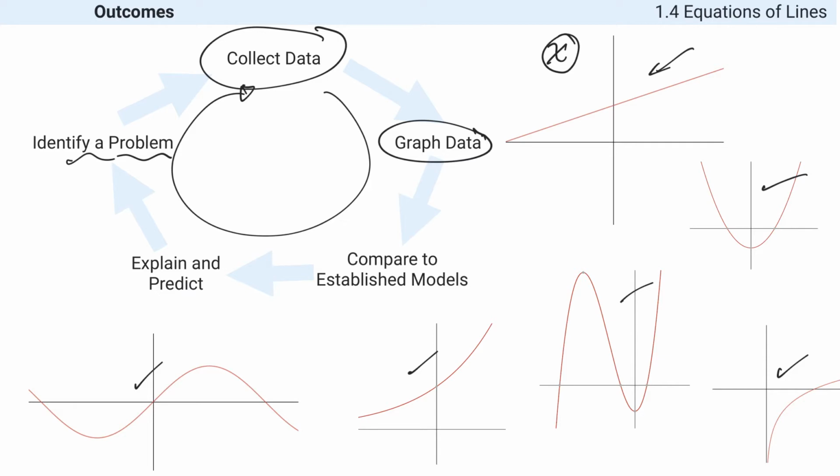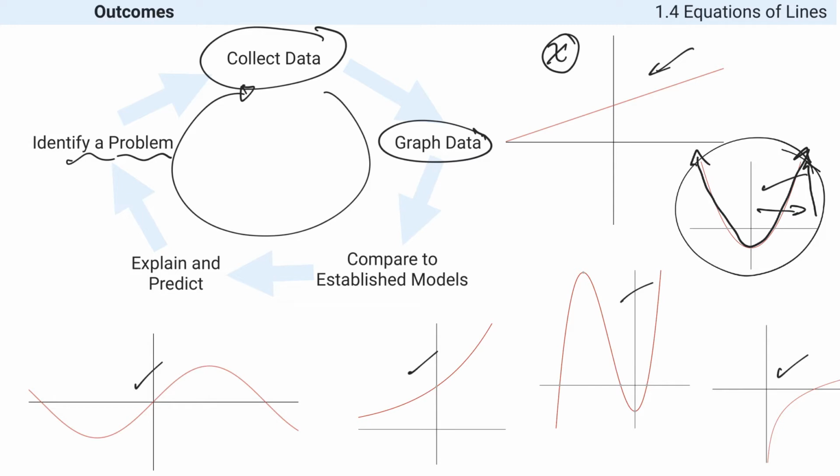So we try and compare that data to those, and then if we can find an established model that it compares to, then we can say that that data is like a quadratic function. And if it behaves like a quadratic function, then that allows me to predict what numbers might be at certain times. So given a certain time, how high up will a ball be, for example?